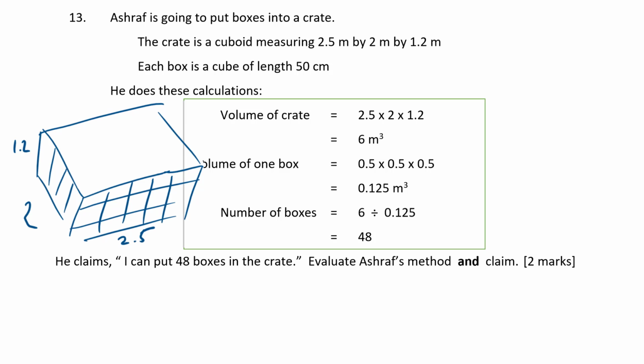So this part here he's not going to be able to fill up. So it's going to be empty space in the box, and that's kind of the flaw in his thinking, really.